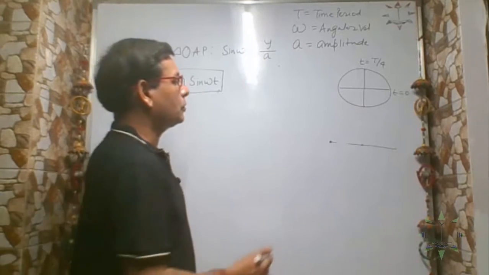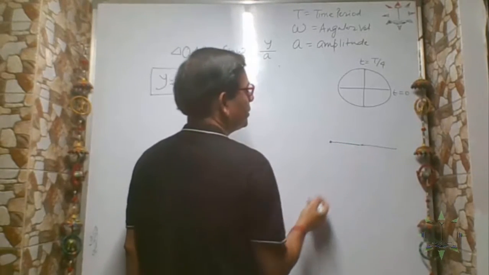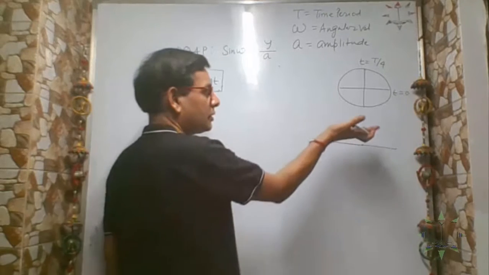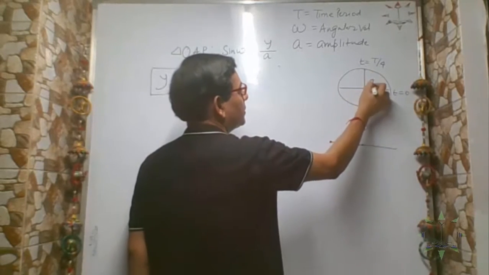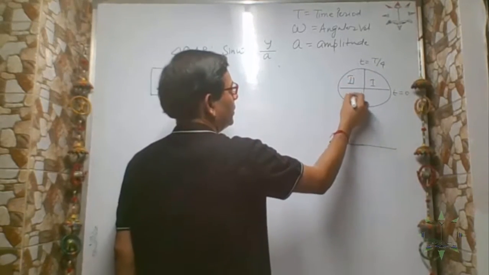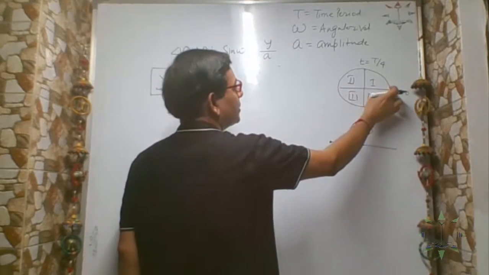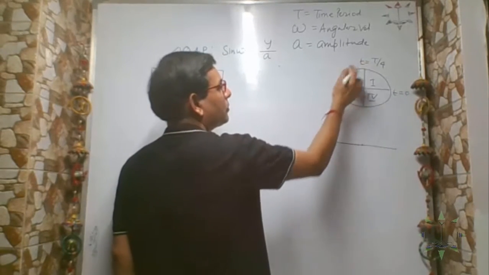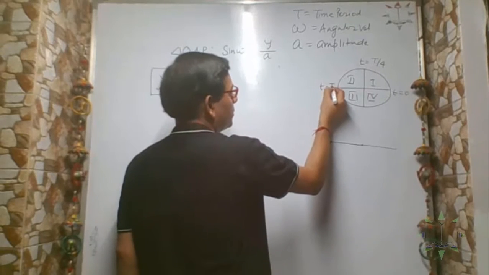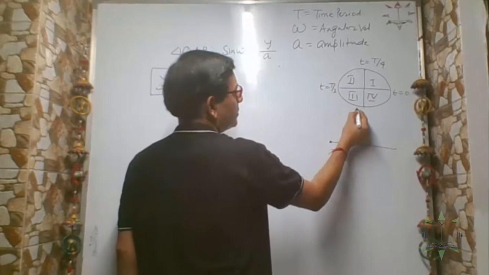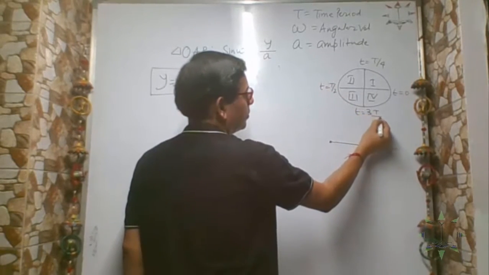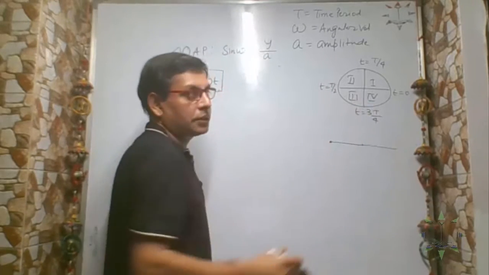So the time period can be divided into, as I told you, 4 quadrants: first, second, third and fourth. So you can say from t equal to 0, t equal to T by 4, this is t equal to T by 2, and this is t equal to 3T by 4, 3/4 of the time.